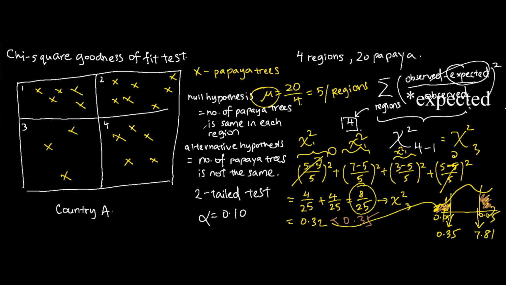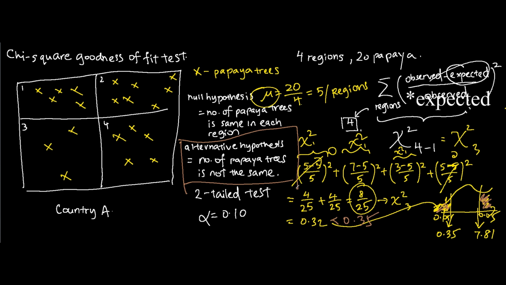That means it rejects my belief that the number of papaya trees is the same in each region, but instead, based on the chi-square goodness of fit test, it concludes that the alternative hypothesis should be correct, based on a significance level of 0.10.